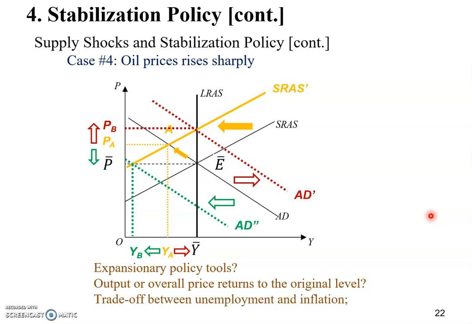So there's going to be a trade-off between unemployment and inflation. As we already mentioned, if you care about inflation, then you have to make some sacrifice of the output, and of course that's going to affect the unemployment.